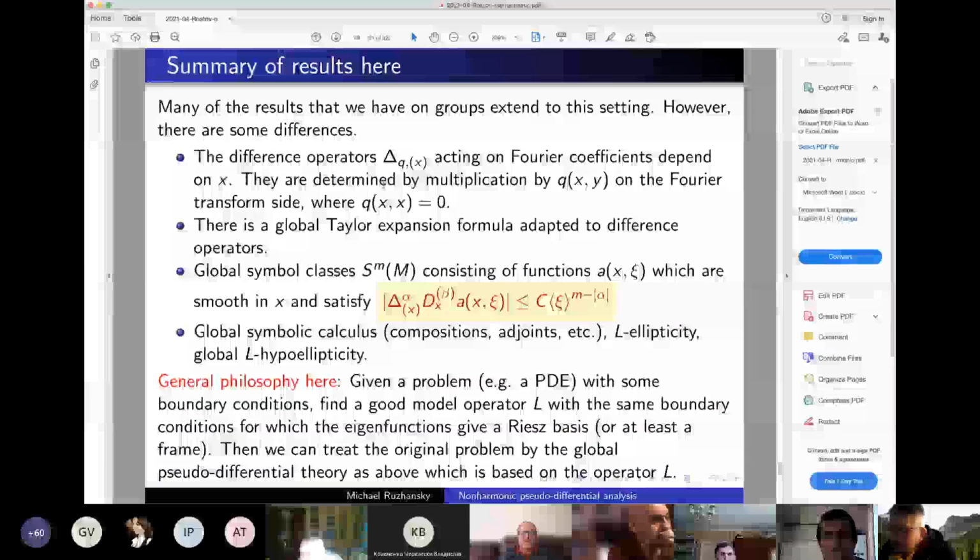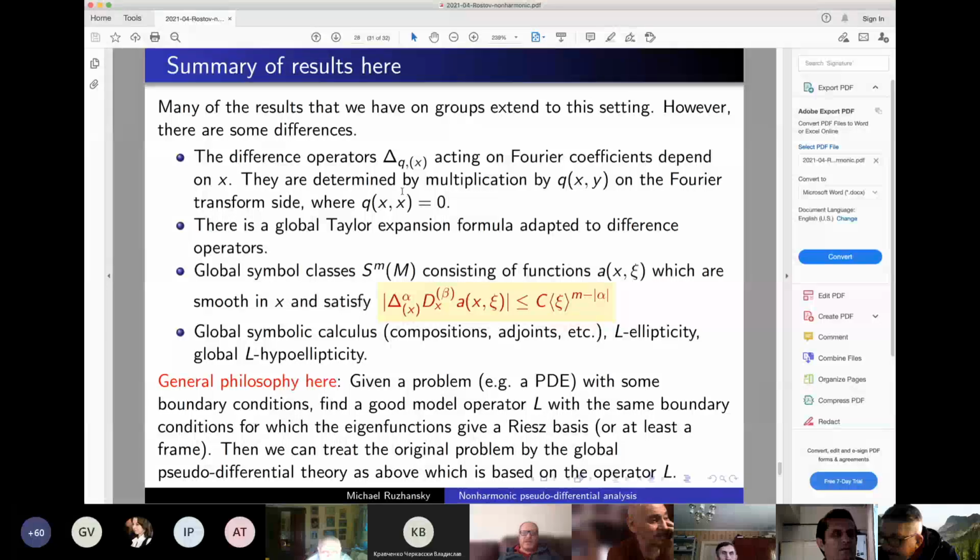We can define difference operators which give us symbol classes. It's everything similar to the known theories, but difference operators depend on the point x in the space.